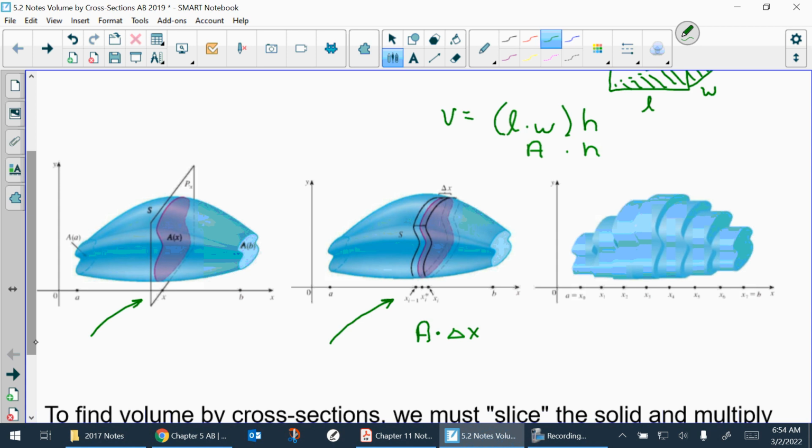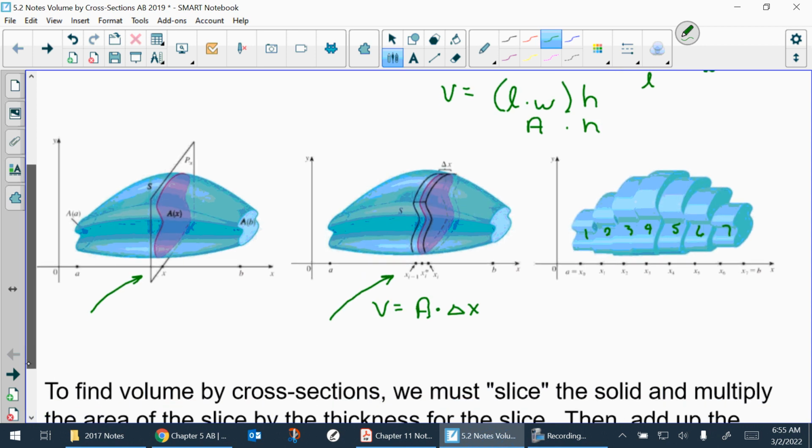Down here, we'll find the area, and we'll multiply by the thickness, and that should give us the volume of that single slice. And if we do that maybe 1, 2, 3, 4, 5, 6, 7 times, and add those things together, well, maybe we get a pretty good estimate for the volume of the entire thing.